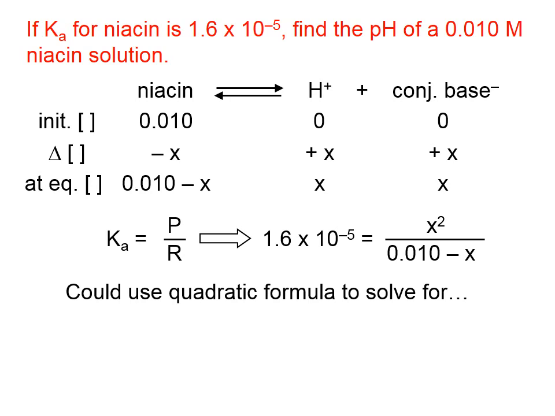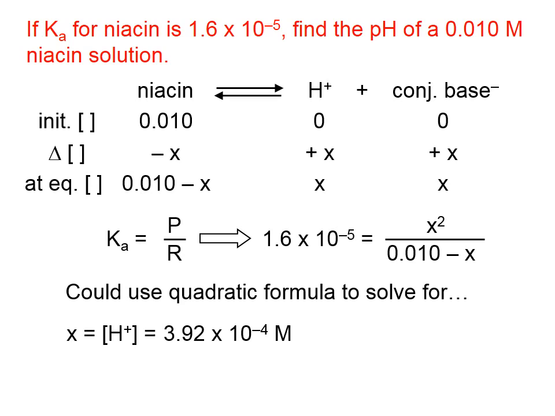And you would typically use the quadratic formula to solve for that. I assume you've been introduced to the quadratic formula, so I don't have time or the space on the slide to go through the use of the quadratic formula, but check it out for yourself if you want.